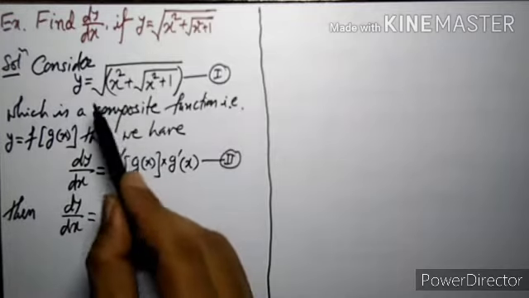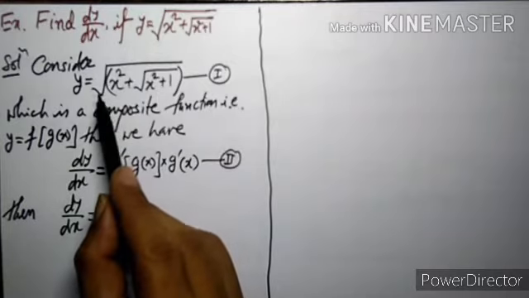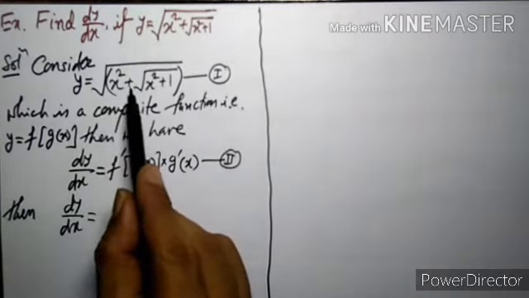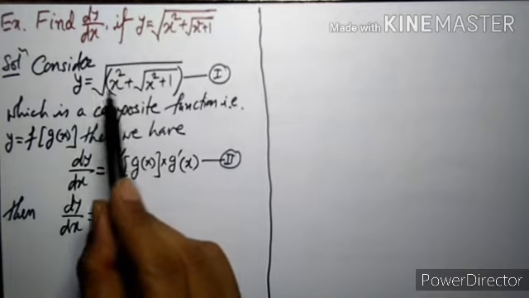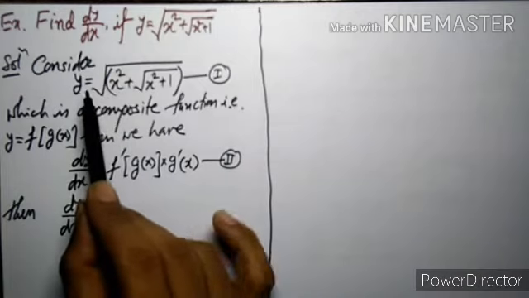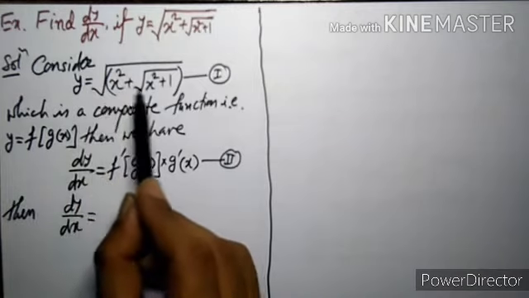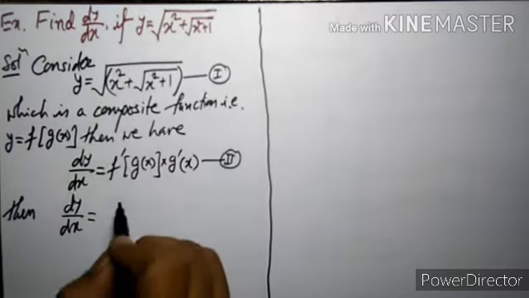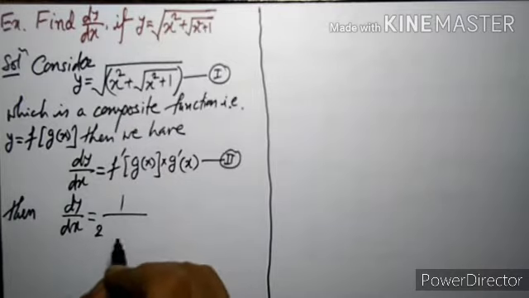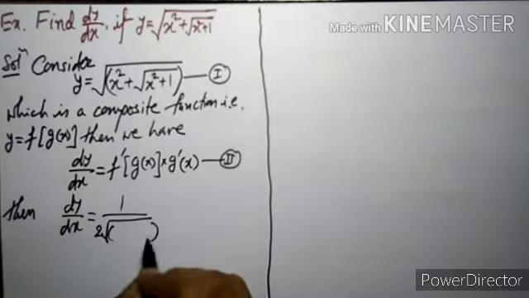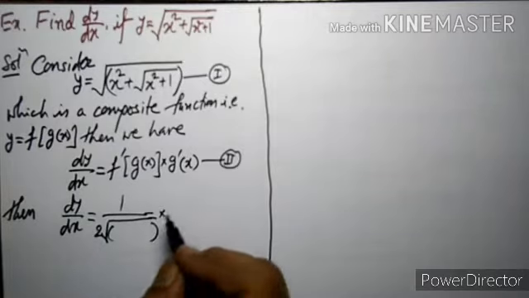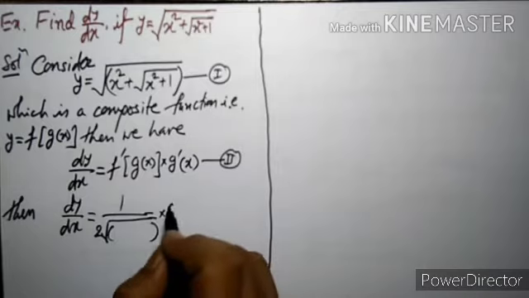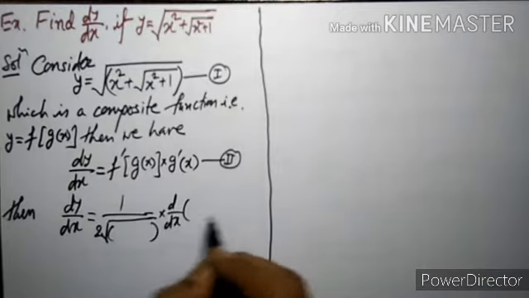See, the outer function is square root, and we know that derivative of root x is 1 upon 2 root x. So like that, derivative of root of bracket will be 1 upon 2 root bracket into, you have to multiply by the derivative of bracket, that is inner function.